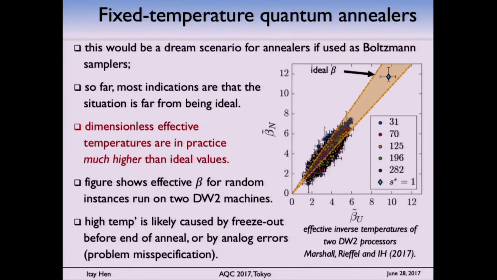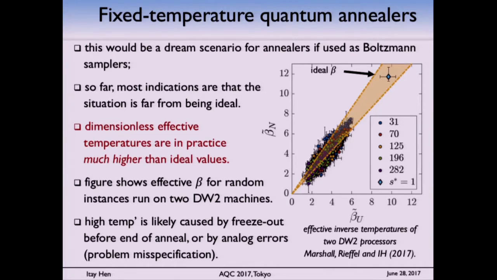And this is an experiment that we've done in collaboration with NASA, with Eleanor Rieffel specifically. We compared two D-Wave 2 machines, and we tried to ascertain the effective temperature of the device for different instances, given freeze-out. And you see that the ideal betas are really way over there, very much higher than the ones that we were able to get out of it.